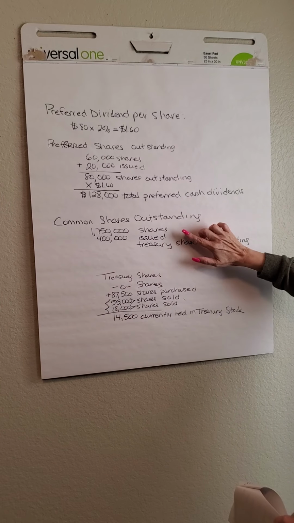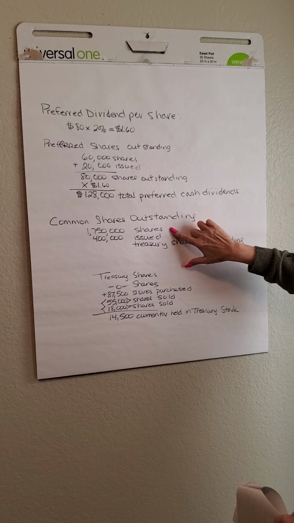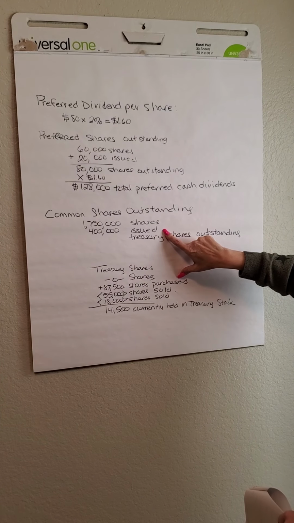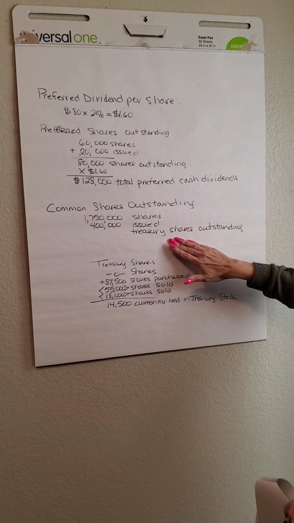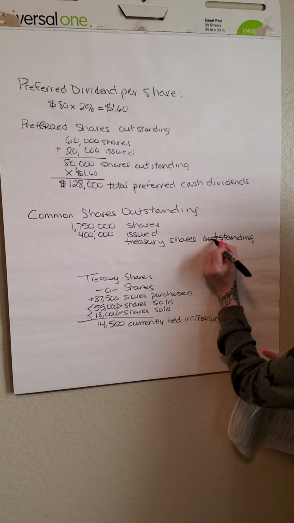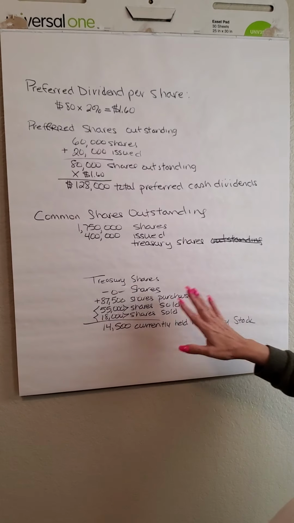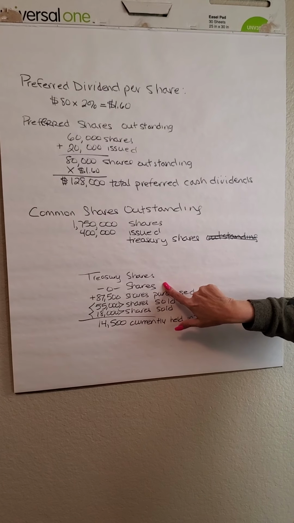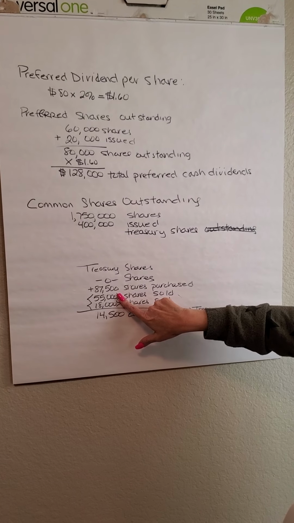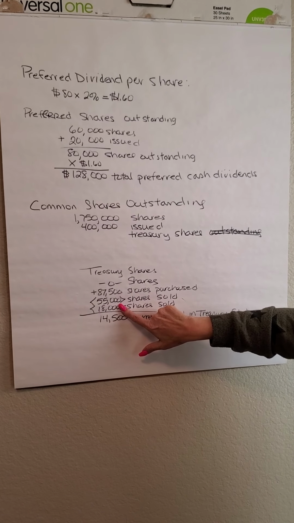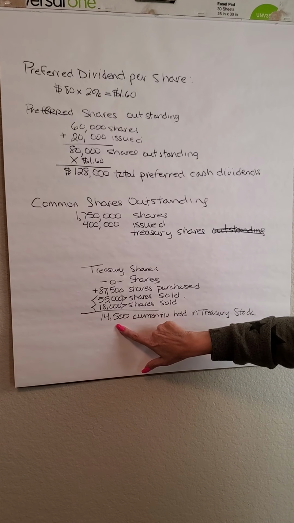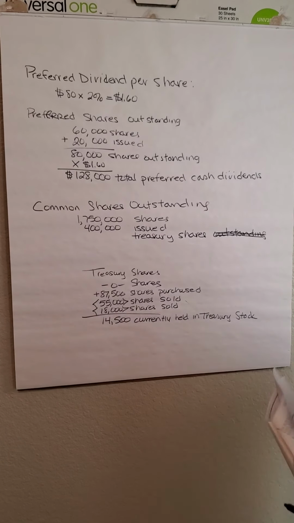So when we're doing total common shares outstanding, we start with 1,750,000 shares. We had issued 400,000 shares, and we need to subtract total treasury shares that are held. To calculate out treasury sales, we had 0 shares at the beginning. Then we purchased 87,500 shares and subsequently sold 55,000 and 18,000, which give us currently 14,500 shares of treasury stock.